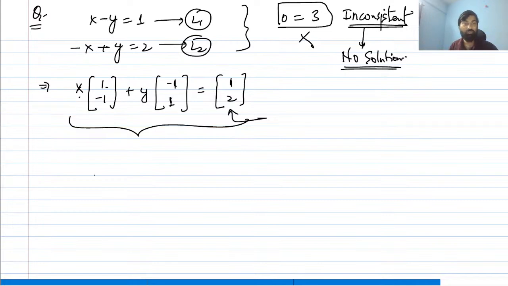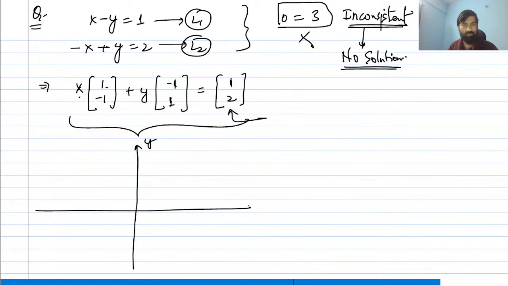By looking at the vector interpretation we can say this, and we can also plot it in terms of row picture and column picture. This is the y-axis and this is the x-axis. No solution means two lines are parallel to each other and not intersecting anywhere. So this is y equal to x minus 1.